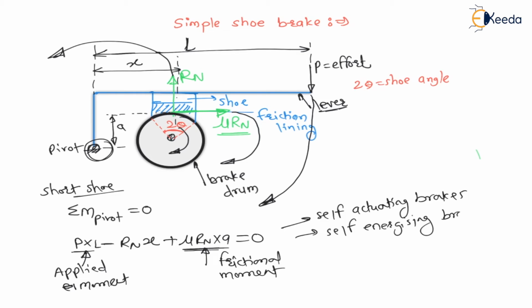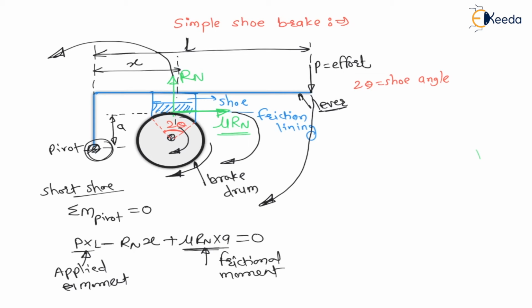Now here for such type of arrangement, if a brake drum is rotating in clockwise direction, then it is self actuating or self energizing brake. Whenever frictional moment supports applied moment, then it is called self actuating or self energizing brake.